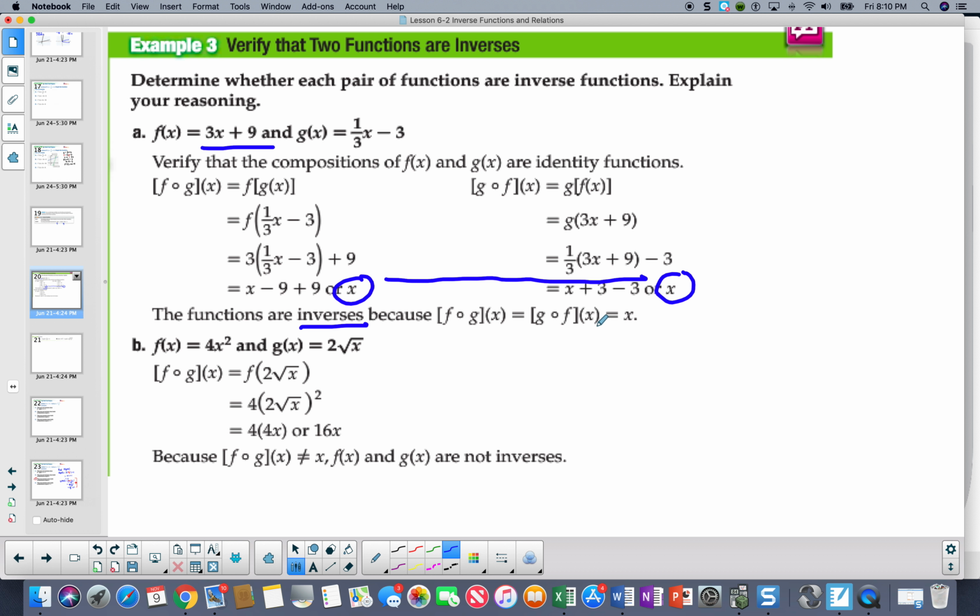They undo each other. Now let's take a look at another example where we do f of g of x, and we're going to send g, right here, into our f function, and we don't get x, so you don't have to do anything anymore. We know they are not inverses. You don't have to bother checking anything else.